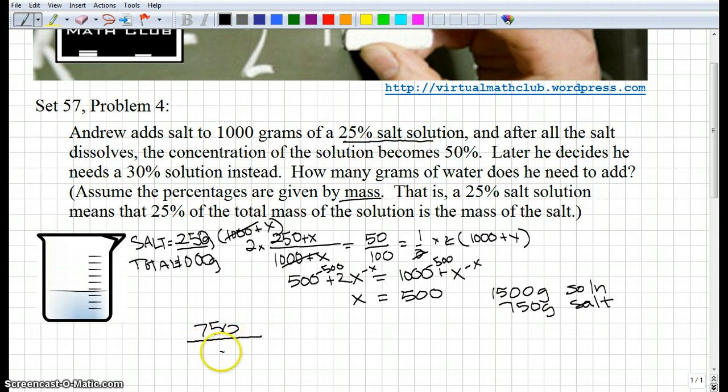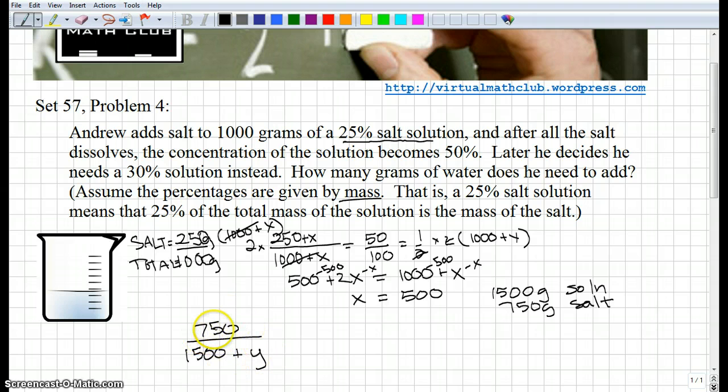We're just adding water. So we have 1,500 grams of total solution. And we're going to add water, so it's only going to add to the total, and it's not going to add to the salt. Let's just use y in this case, since we already had x over here. So we're adding y grams of water to the total.